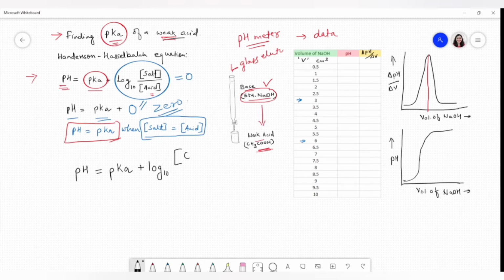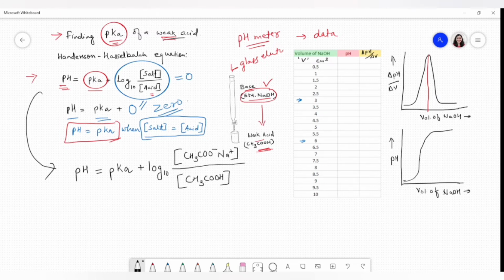It is CH3COONa divided by our acid, acetic acid, CH3COOH. So we can write this equation on the basis of our selected base and the acid.